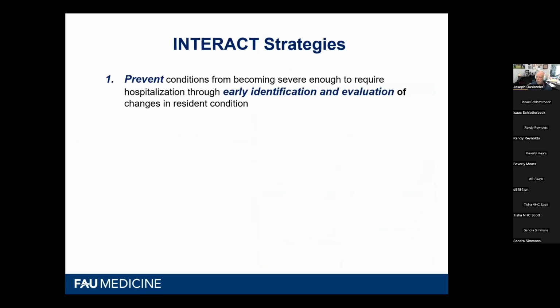Those changes might be subtle: a slight decrease in appetite, not drinking as much fluid, alteration in mental status, that are non-specific. But because in many facilities, different direct care providers take care of people, they don't necessarily notice them.